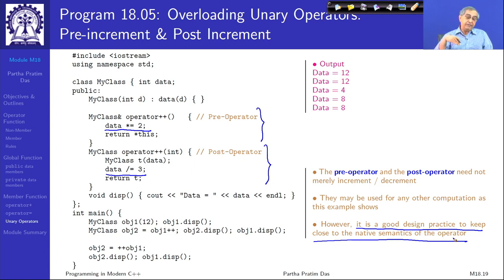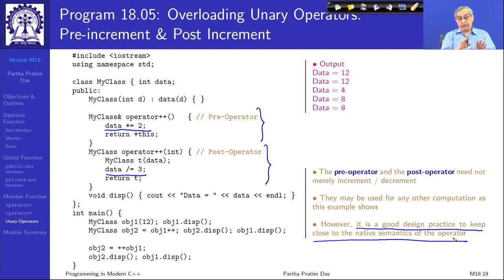If I have a pre-increment operator which actually makes it double for a complex, then it probably is not something which is very good. For example, for a rational, if I want to do a pre-increment, that would mean that I add 1 to that fraction and return that value. If I do a post increment, it will mean that I return that value and then add 1 to that fraction and so on and so forth.